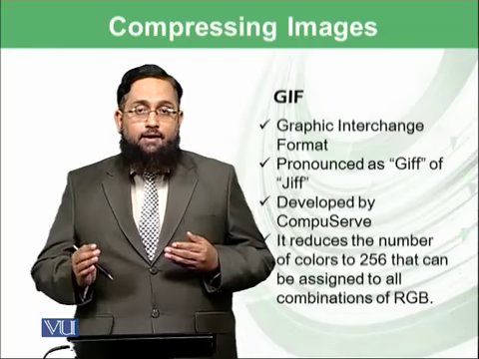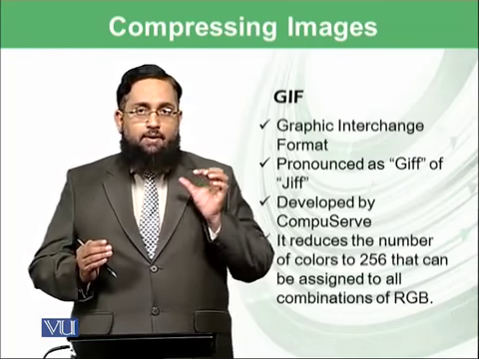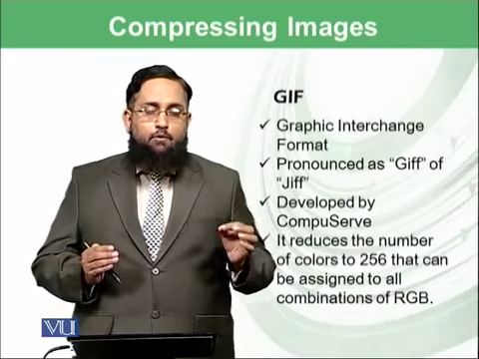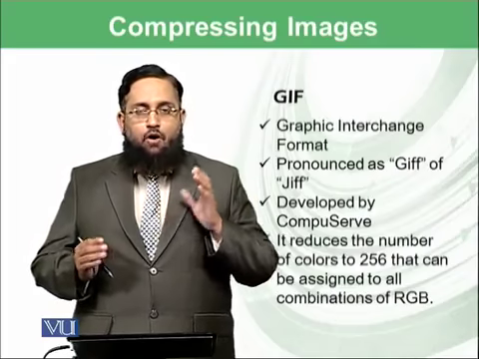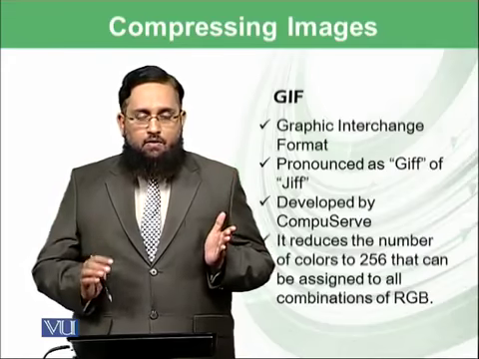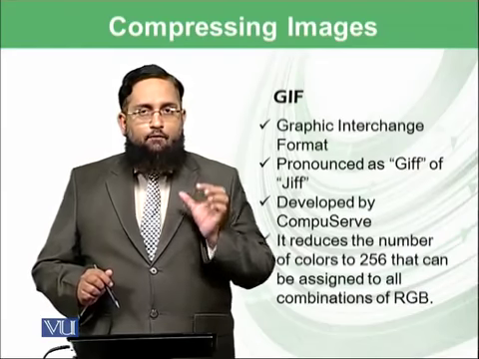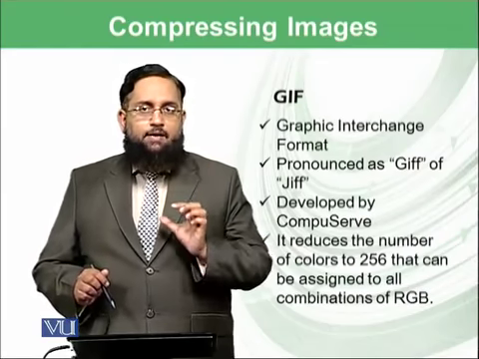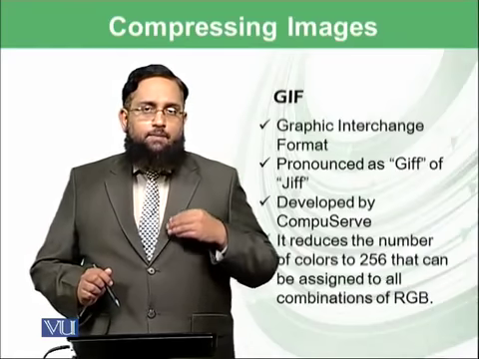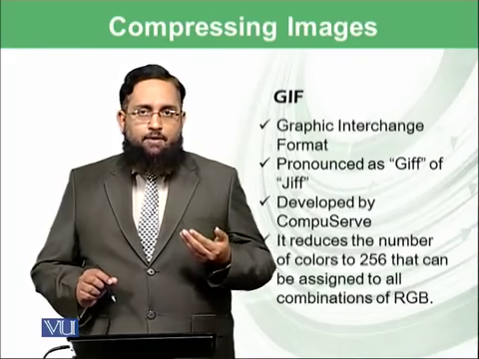We have already learned that color images are stored with 1 byte for the red, 1 byte for the green, and 1 byte for the blue, RGB. So all of these 24 bits are converted in GIF format to 1 byte, which is 8 bits. So it reduces the image size approximately 3 times.